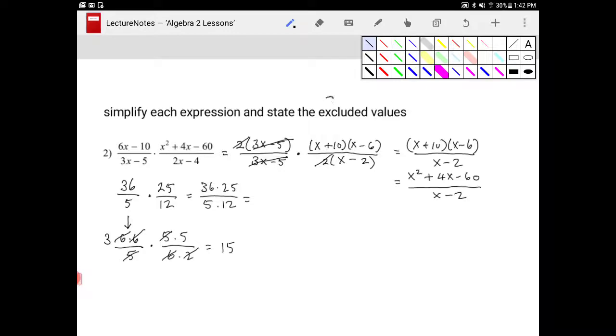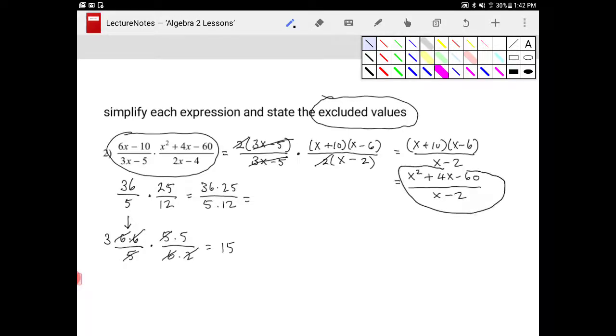Now, there's another thing you have to do with these products that you're finding, and that is finding the excluded values. These are rational expressions. Though they are equivalent right now, it is important to state certain values of x that cannot be substituted into either one of these expressions I've circled here.